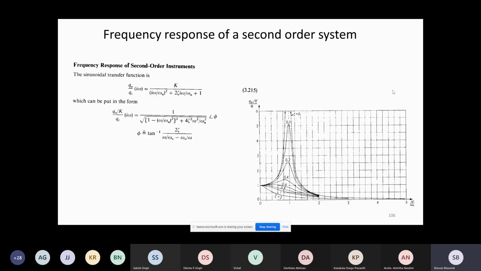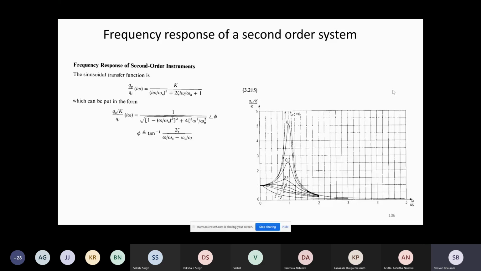So this is for a single sinusoid. Now suppose you are giving some input which is not at all sinusoid, but you know from the Fourier series that each signal can be transformed into the sum of many sinusoids.